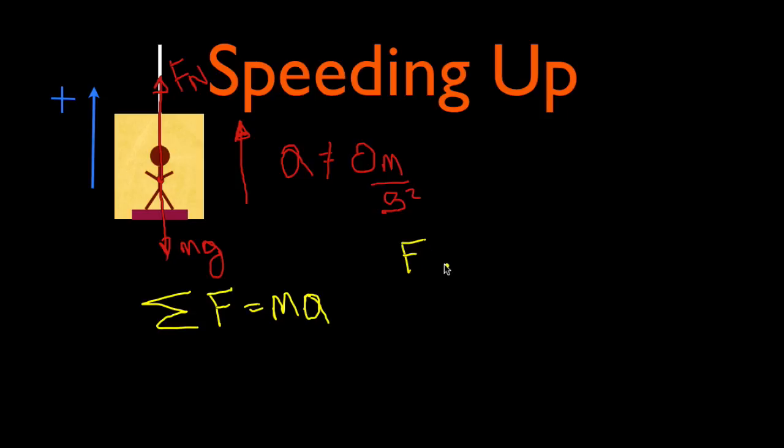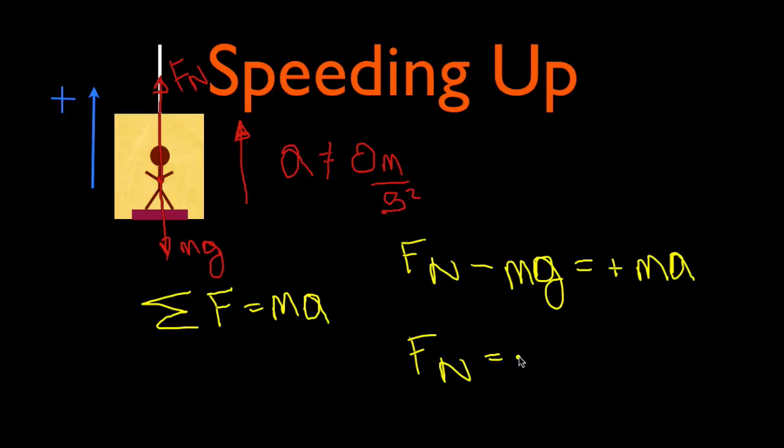We have the normal force, the positive force, first. mg points in the negative direction, downwards, and therefore that is then equal to a positive ma. So I'm going to put down here for emphasis that this is plus a positive ma. Okay, now once again let's solve for the normal force. The normal force is therefore going to be equal to mg plus ma.